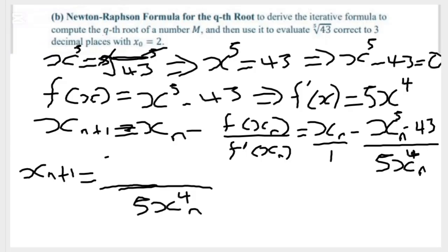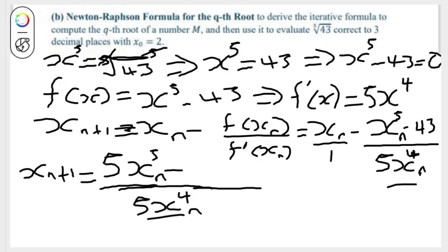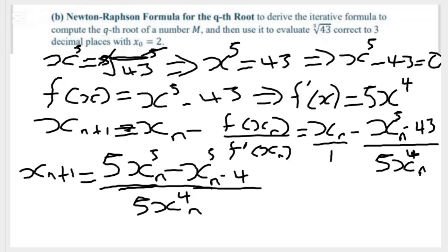Therefore, if I multiply it, I get 5x raised to the power of 5 of n, and then subtract. If I set this over 1, I get only this: x to the power of 5 with the subscript n minus 43.